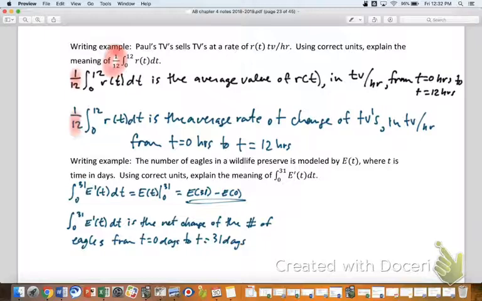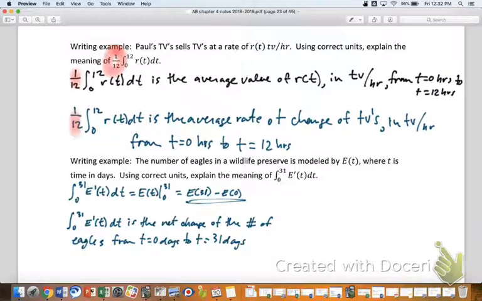To compare these two: the integral from 0 to 12 of r of t dt, going back to the TV questions. That definite integral, the meaning of that, is the net change in the number or the amount of TVs. Now, this one is the average rate of change of the number of TVs.